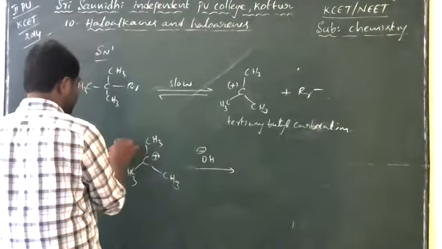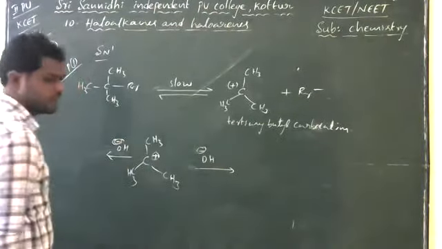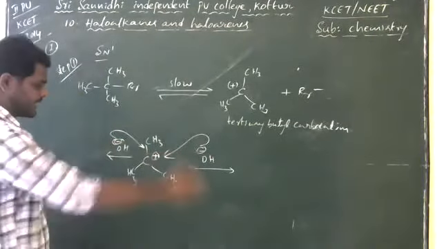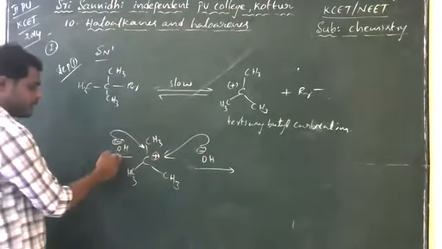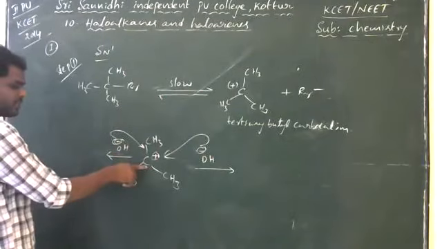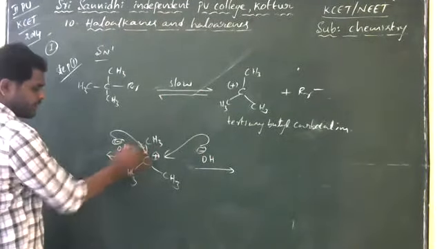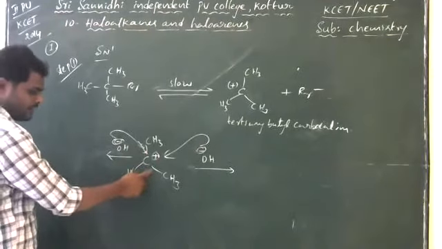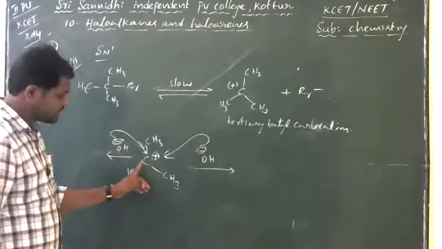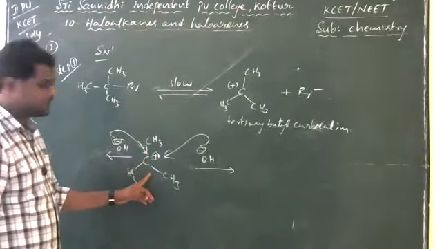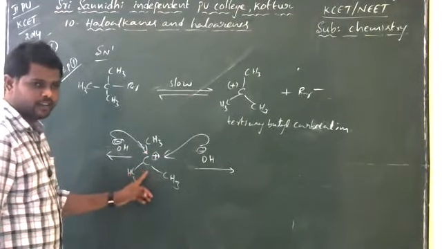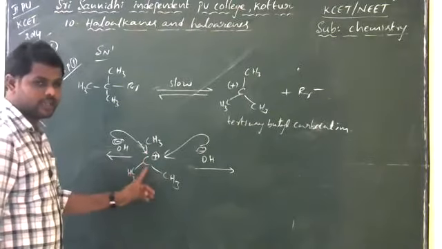When the OH minus nucleophile attacks the carbocation from the left side, note that the carbocation is a Lewis acid, an electron deficient species, sp2 hybridized, having 6 valence electrons in the outermost shell.